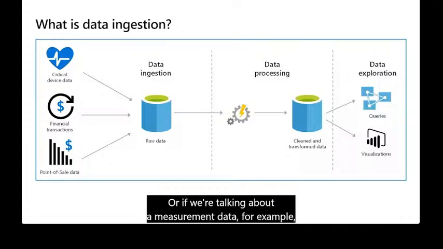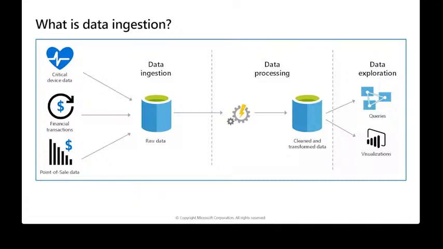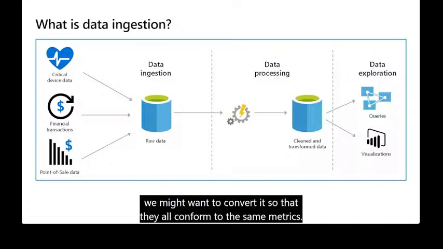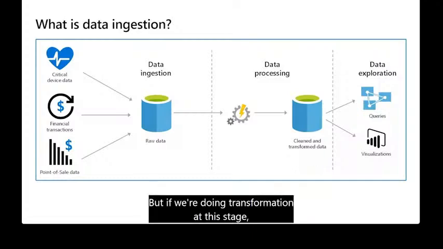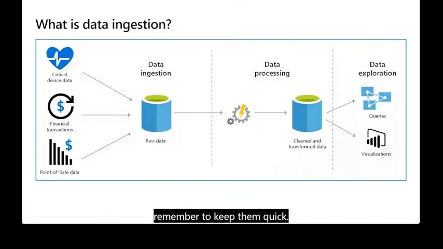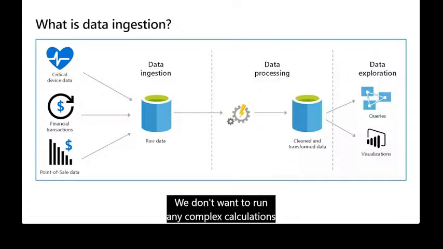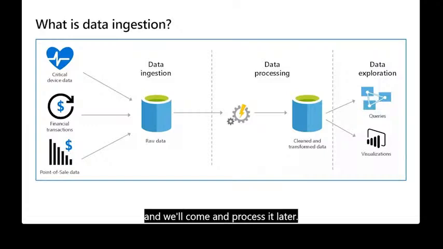Or if we're talking about measurement data, for example, we might want to convert it so that they all conform to the same metrics. But if we're doing transformation at this stage, remember to keep it quick. You don't want to run any complex calculations or aggregations during the data ingestion stage. If you do need to, then store the data first and we'll come and process it later.